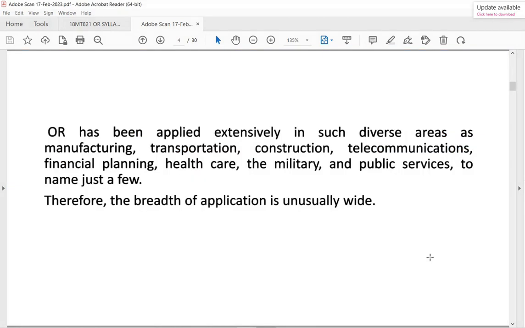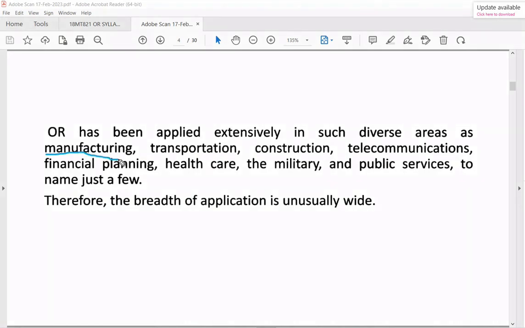Then OR is extensively applied in the areas, first manufacturing. OR has been applied extensively in manufacturing companies.